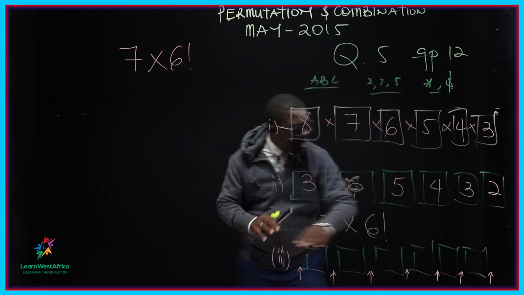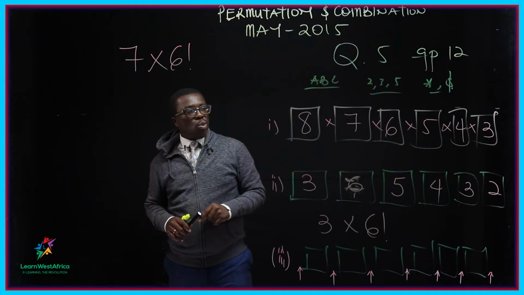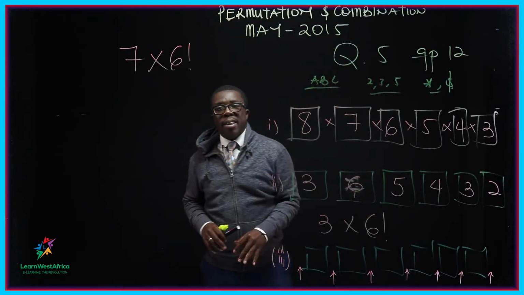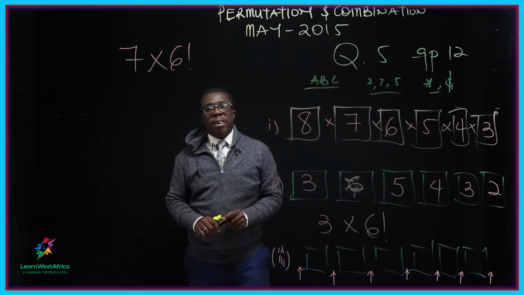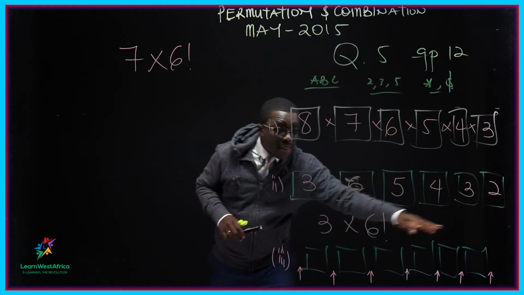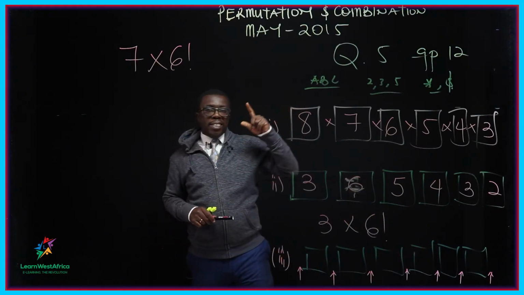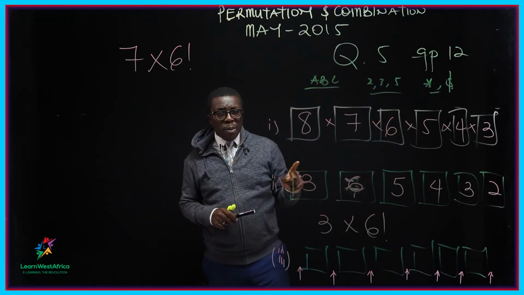That is what gives birth to the 6 factorial. So it's either A comes, B comes, C, or 2, or 3, or 5, or whatever. Take the 2 symbols out, you've got 6, so you have 6 factorial. But the 2 symbols can occupy in 7 different ways. But now we come to the last part. The symbols themselves. There could be 2 possible arrangements for the symbols.